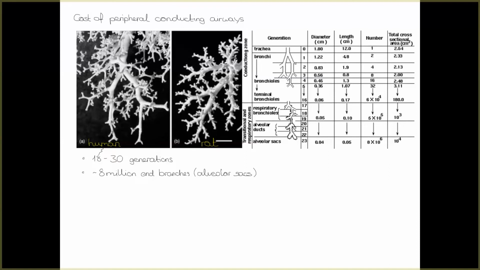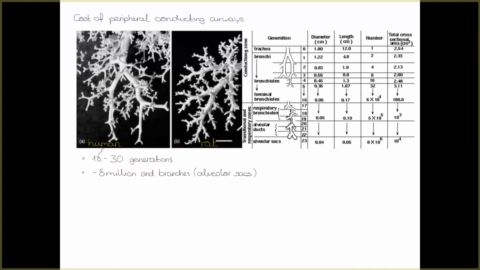And then we have the length. The length also becomes much smaller, about 1.7 millimeters, sorry. And then we have the number, which is just 2 to the power of the number of generations. So you see 1 trachea, obviously, and then 2 in the next generation, and so forth.